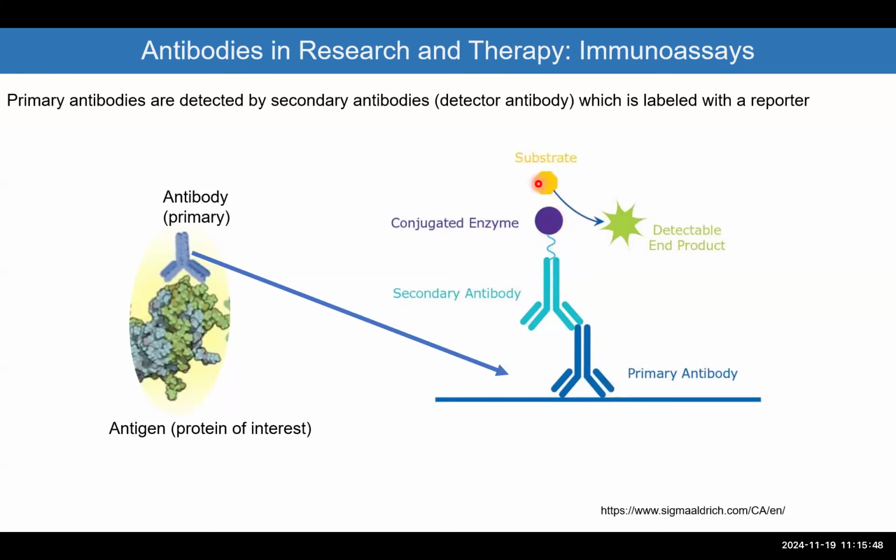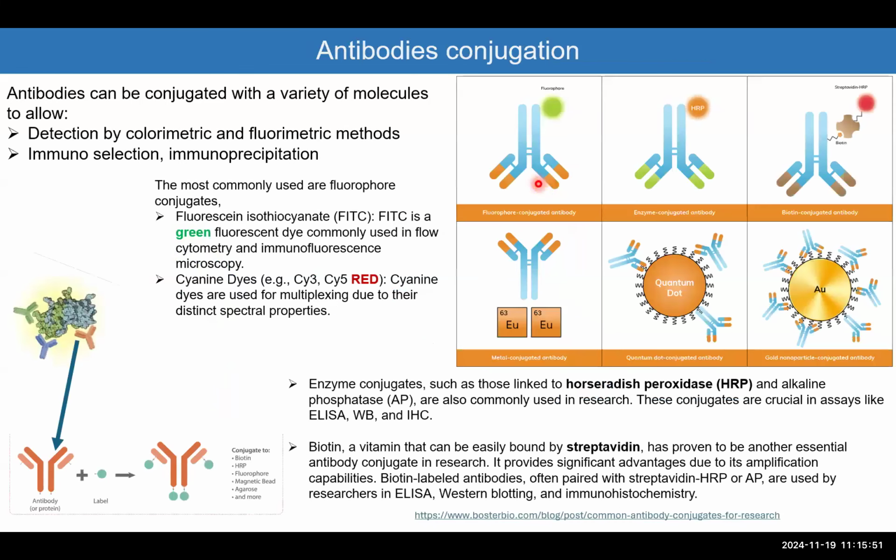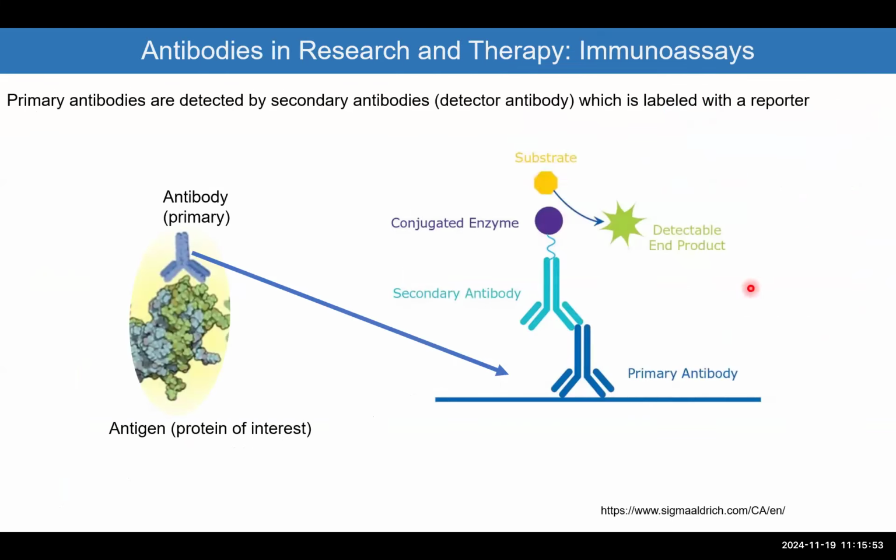In this situation, it's probably a good example of the HRP, because when you provide the substrate, there's an enzyme linked here that changes the substrate. It was undetectable, and now you can detect the product. Now, the more this antibody binds to the primary antibody, in other words, binding to that protein, the more the substrate will be converted into the end product, and therefore you will have more of those converted color components.